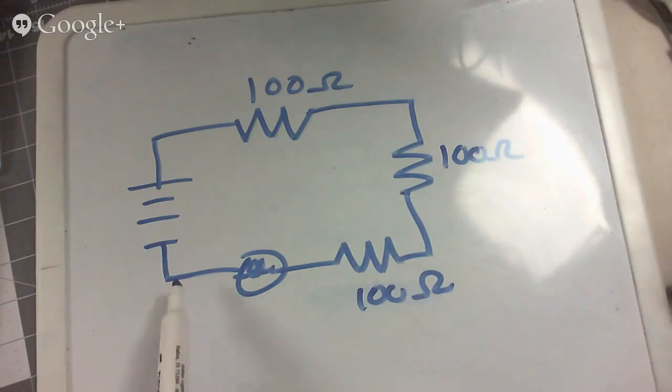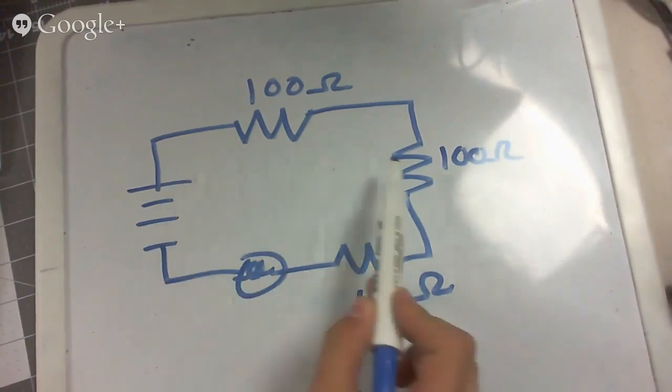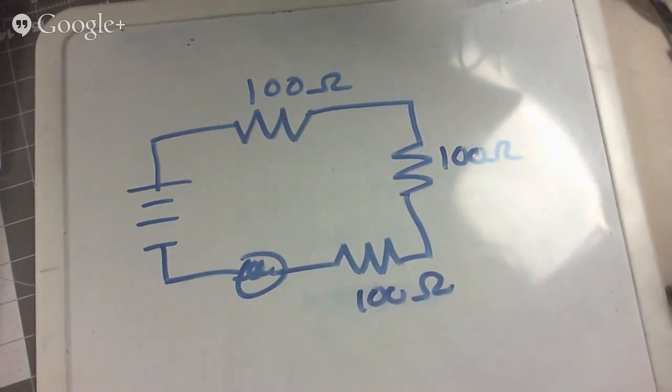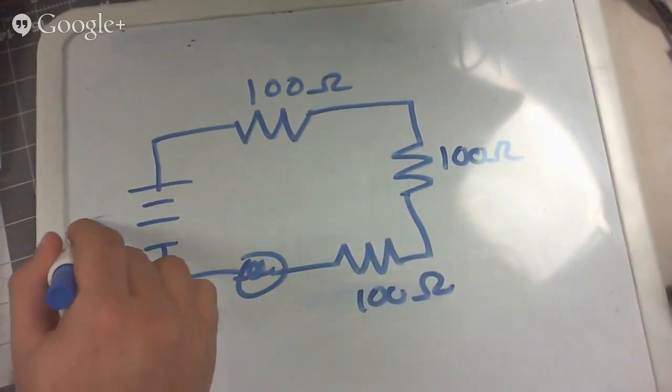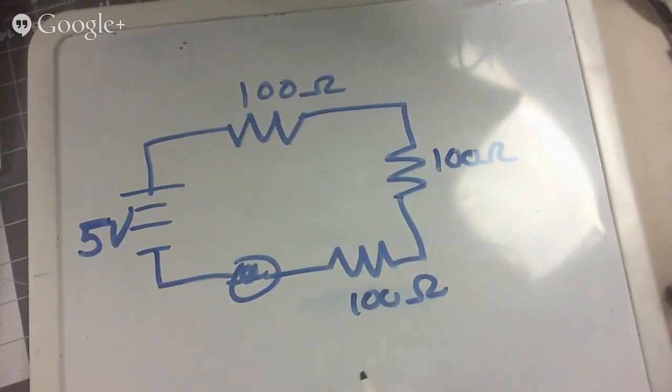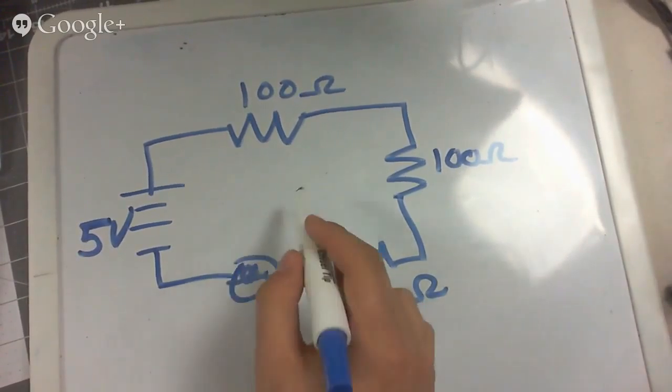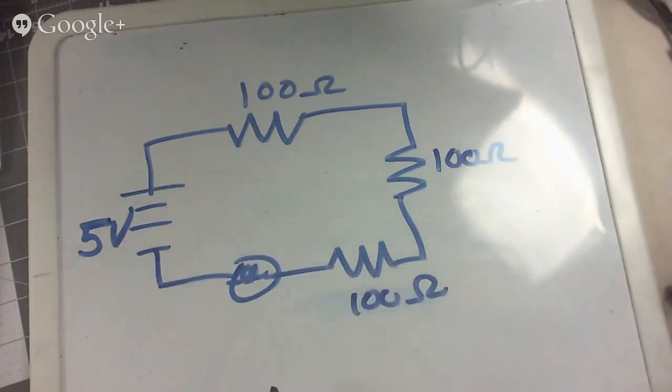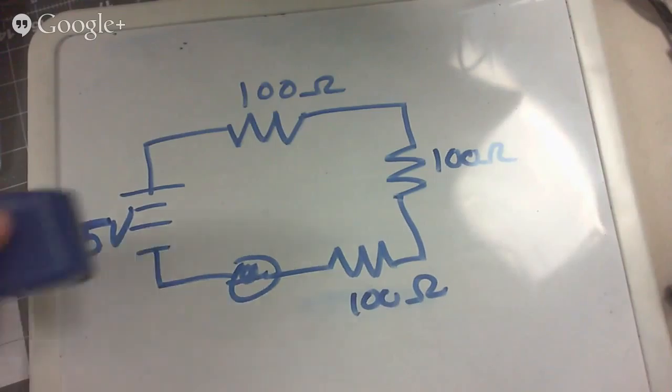In other words, each of these will experience the same amount of current, and since all the resistors are the same, they'll each drop the same voltage across them. But the equivalent would be no different than if I had just a single 300 ohm resistor. That's series.